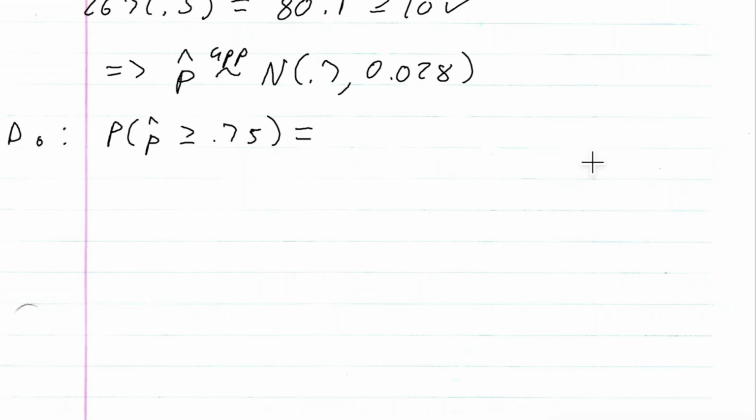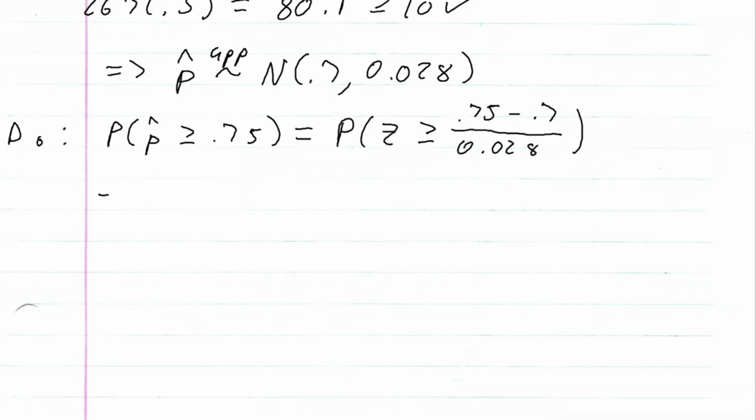So we need to standardize this. Since it's approximately normal, we can standardize it. So that's the probability that z is bigger than or equal to 0.75 minus the mean, 0.7, all over 0.028. If we do that calculation, that's the probability of z being bigger than or equal to 1.79.